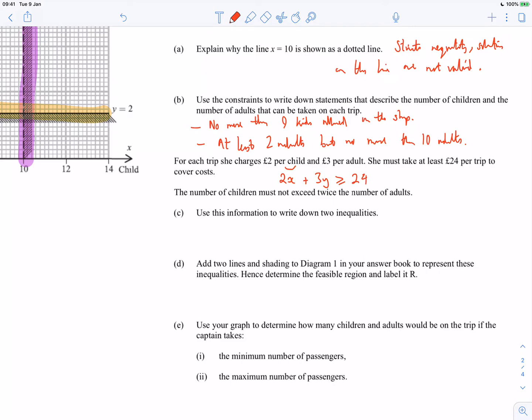The number of children must not exceed twice the number of adults, so that means X has to be less than or equal to 2Y. Does that make sense? The number of kids, X, must be the same or less than twice the number of adults, i.e. 2 times Y. So here are my two inequalities that I formed.